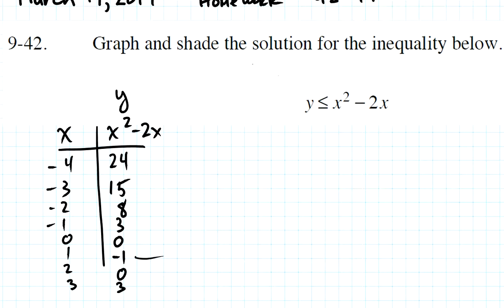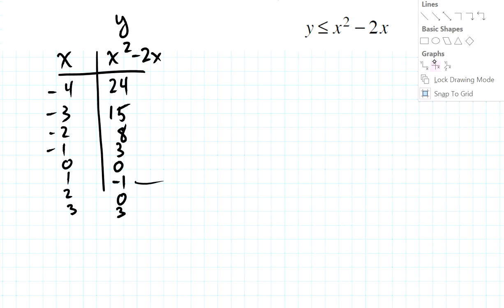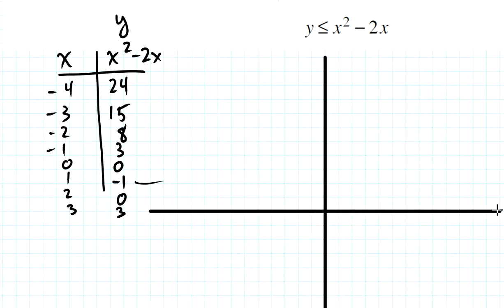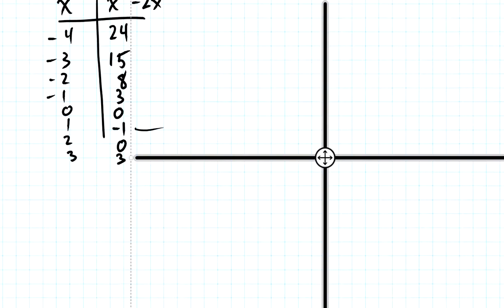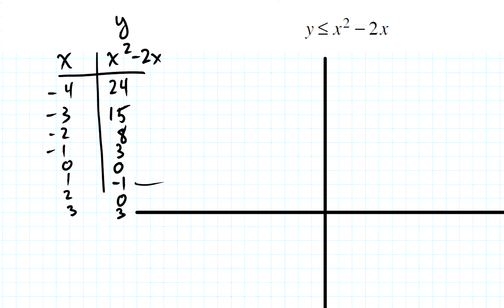So let me just slide this up a little bit. And I want to grab an xy axis. I'm just going to drag this straight down and then over. Okay. So let's go ahead and plot some of these points that are around the center. So when I have +1 for x, the function's at -1.